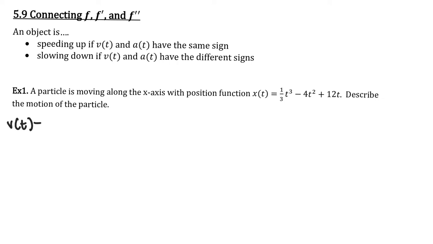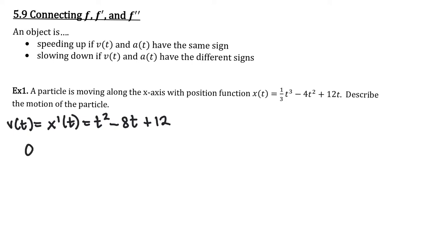V of t is the first derivative of position because I want to see the distance with respect to time. So the derivative of 1/3 t to the third, bring down the 3, lower it to t squared minus 8t plus 12. Okay, now let's consider the critical numbers with respect to velocity.